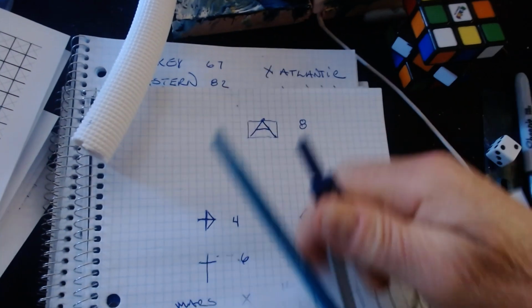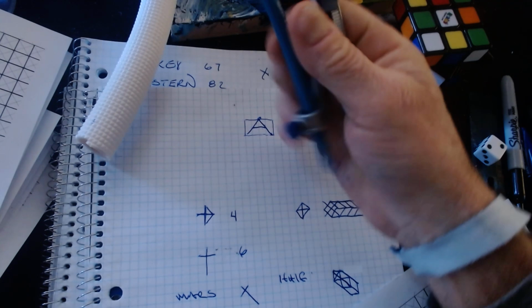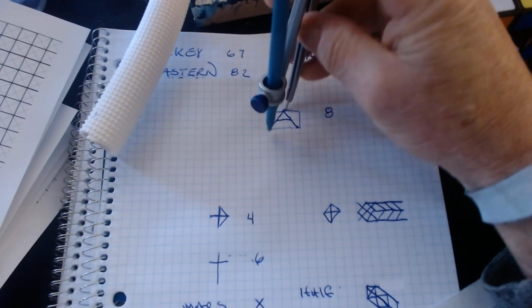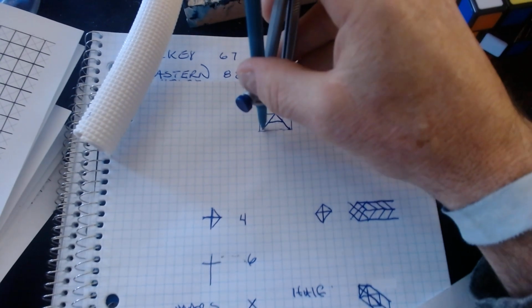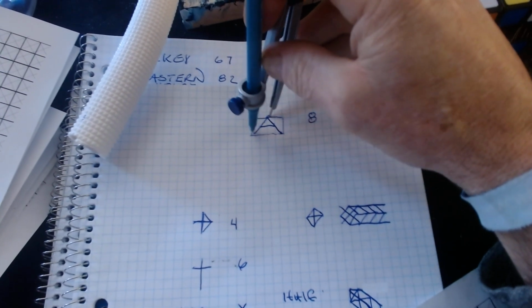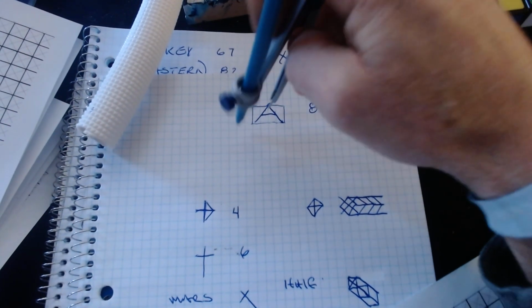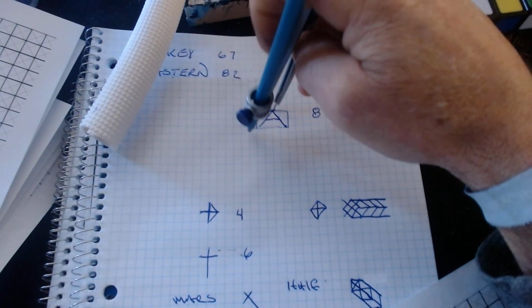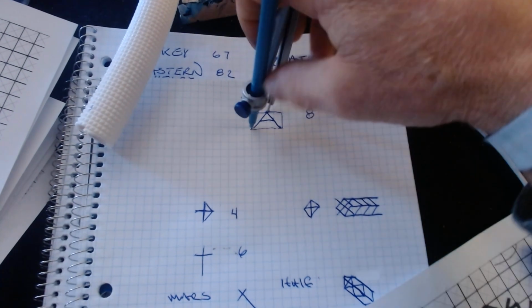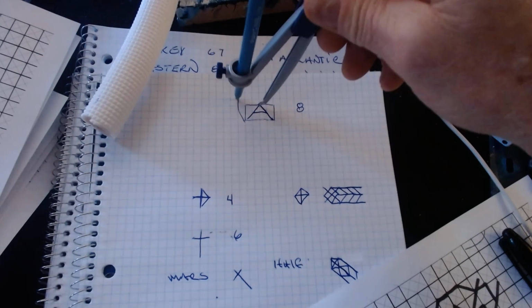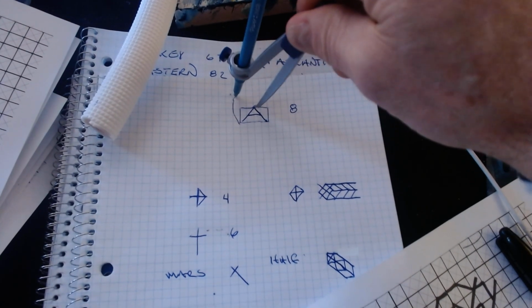So if I'm going to create rotation, I'm going to measure my space. And now I'm going to rotate.